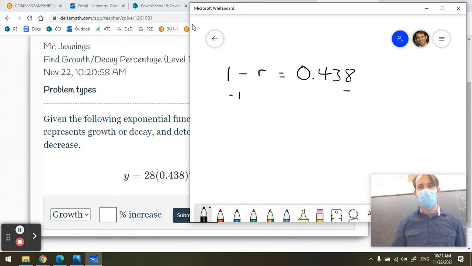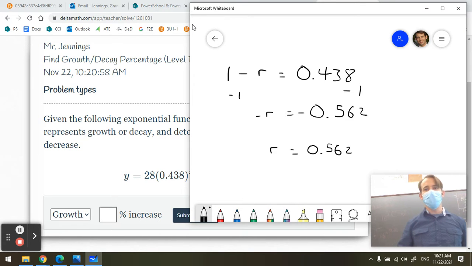Subtract 1 from both sides. That would be 0.438 minus 1, which would be negative 0.562, is equal to negative r. And so r is equal to 0.562. So this is a 56.2% reduction.